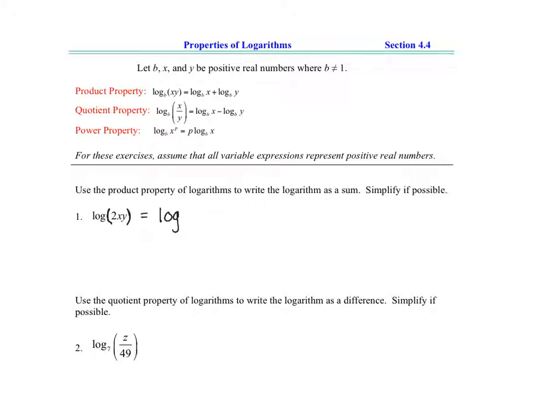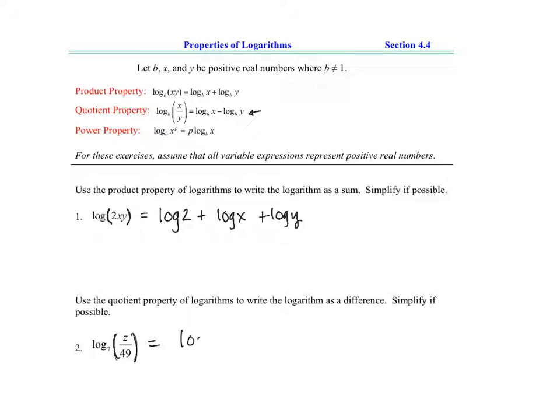So the log of 2xy would be the same thing as log of 2 plus log of x plus log of y. And now if there's division inside the argument, like on this one, we can rewrite that as a subtraction of two separate logarithms.